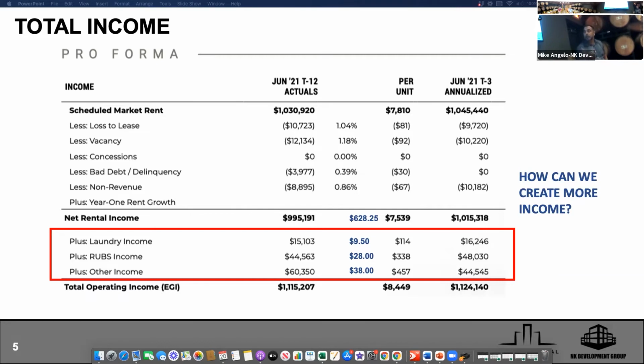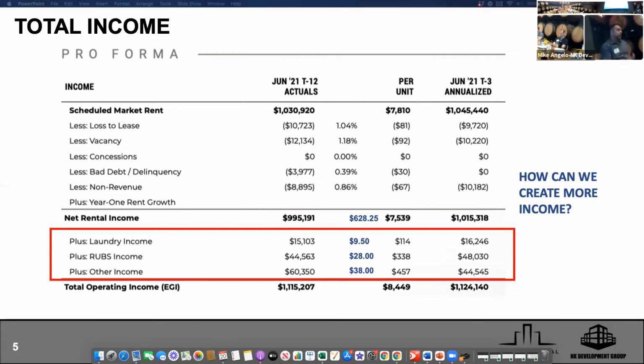So if you could earn $22 more per unit, so 100 units, $22 more times 12 times 100. What does that equal? $26,000 of additional income.